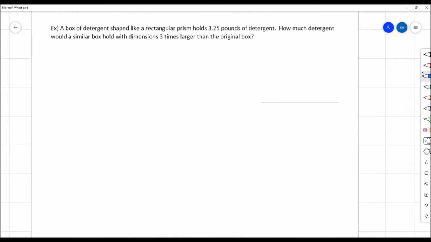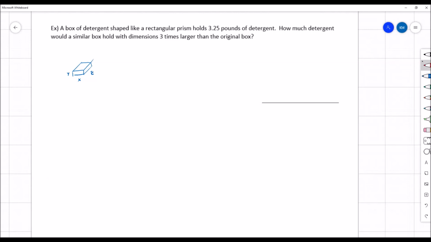Last problem here. It says a box of detergent shaped like a rectangular prism holds 3.25 pounds of detergent. How much detergent would a similar box hold with dimensions 3 times larger than the original box? So here's what we got. We got a small box with dimensions x, y, and z.